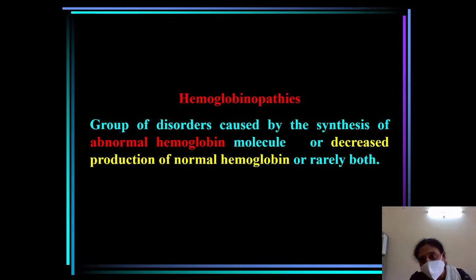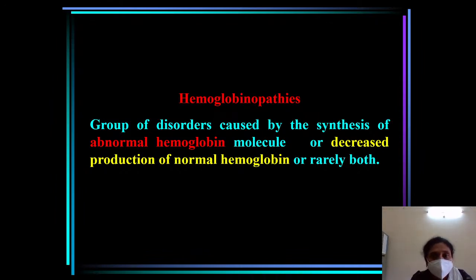Now coming to hemoglobinopathies. As I mentioned, these are a group of disorders which are due to the formation of abnormal hemoglobins or due to decreased production of normal hemoglobins, rarely both.